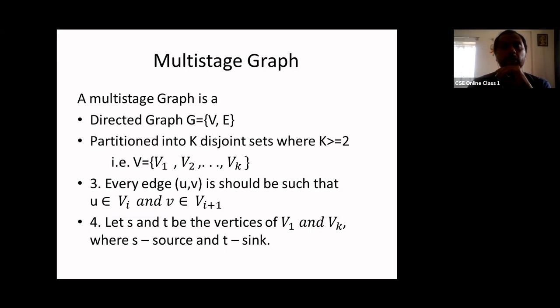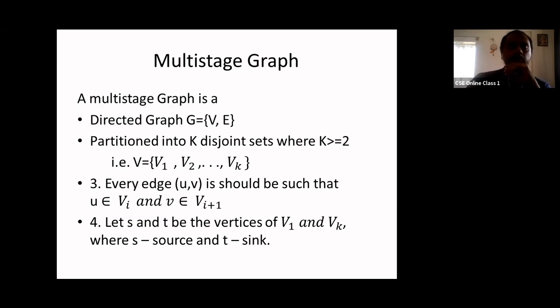So a graph can be divided into k disjoint sets or groups, which we can call vertex groups: V1, V2, V3, and so on, up to Vk. Each of these is considered a stage. That is why it is called a multi-stage graph, or more than one stage graph.